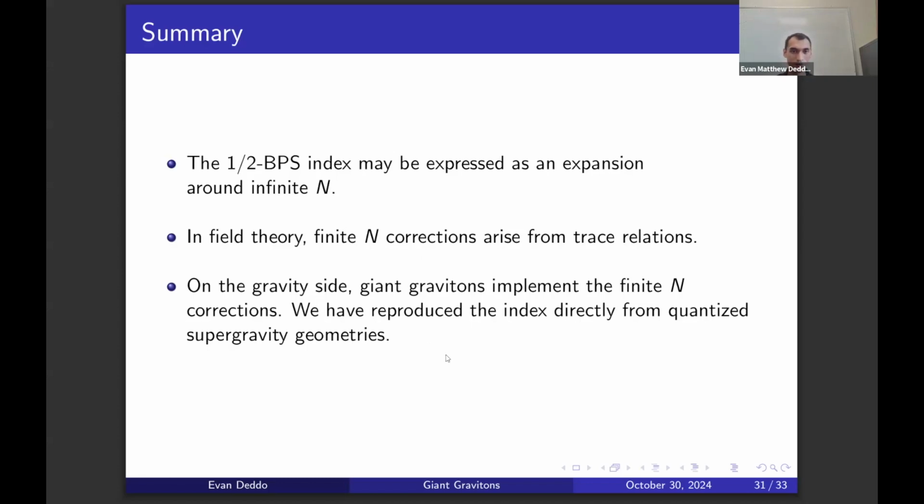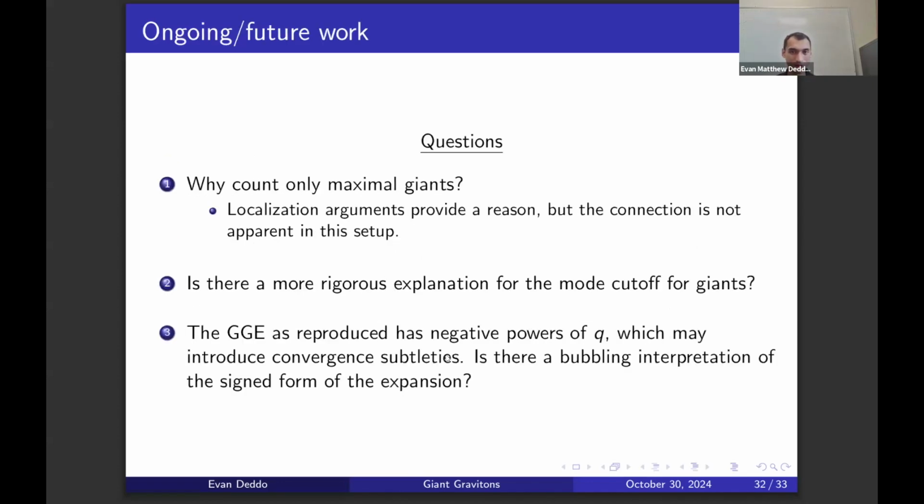So as far as future work and other questions, first, there are some unanswered questions here. In this picture, we basically showed that the counting of these maximal giants leads to the index, but in this picture alone we didn't have motivation for why we should count just maximal giants.